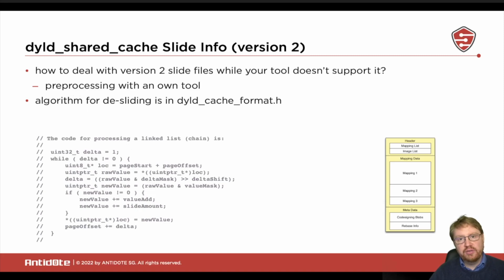If your tool didn't understand this by default, you would have to write your own tool that pre-processes the whole cache and removes all the dirty bits from all the pointers. I have done this in the past, and in my longer form trainings, I usually give out the tool. But here, the pseudocode is shown, so it's fairly straightforward to write such a tool.